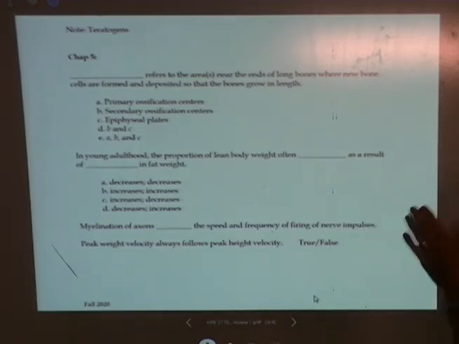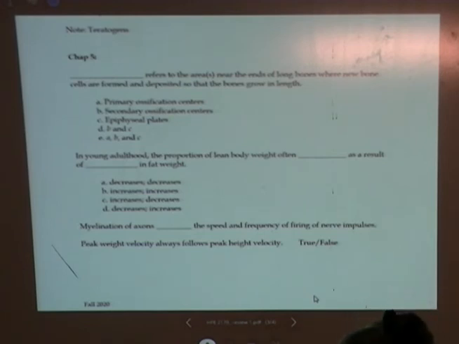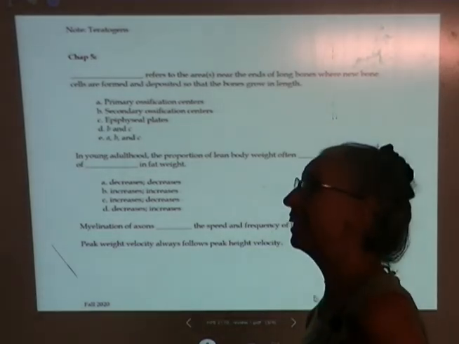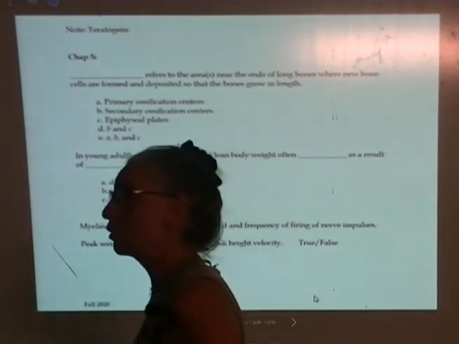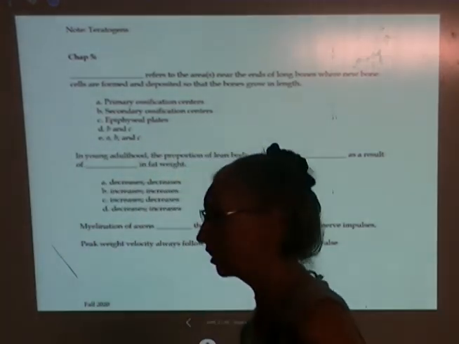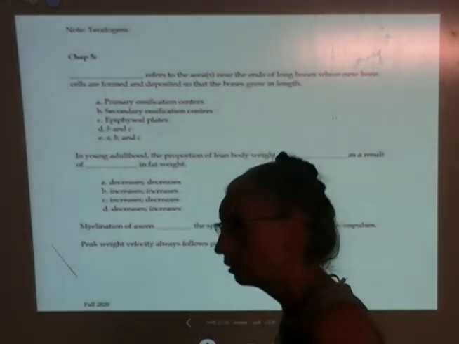Does myelinating the axon decrease or increase the speed and frequency of firing? Increase? Increase, yeah, good. Right, it does. Significantly. Up to 150 times faster in some nerves. Right?